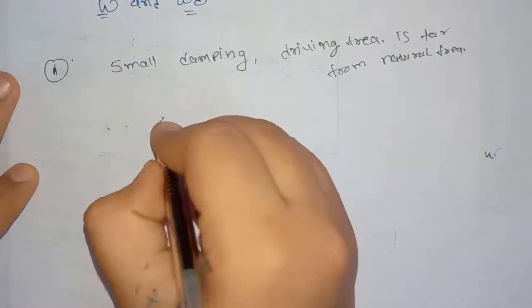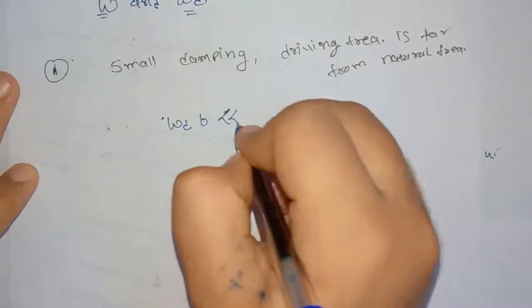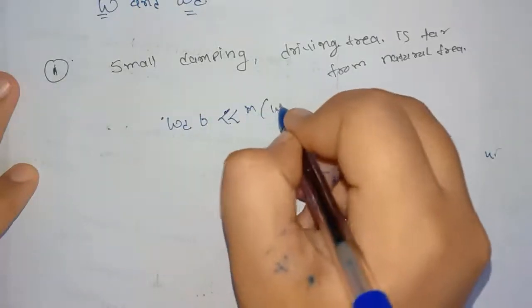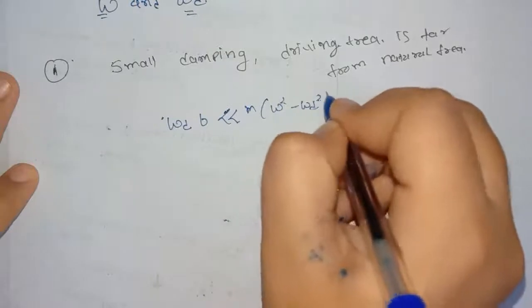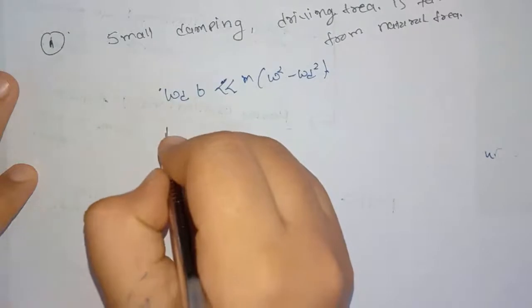In that case, omega d b is very less than m times omega square minus omega d square. So it can be neglected in the equation of amplitude.